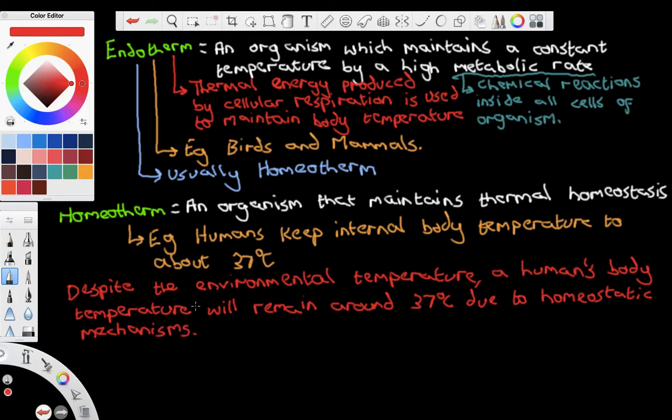Now, we spoke about that last lesson. We spoke about how negative feedback can cause our body temperature to rise and drop.